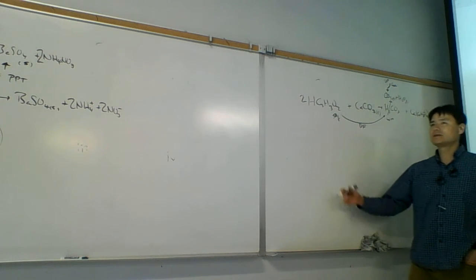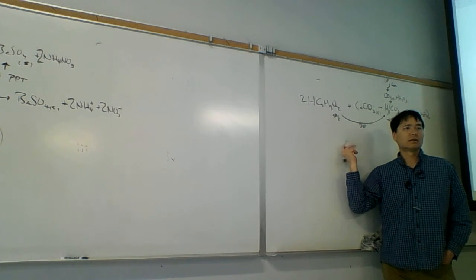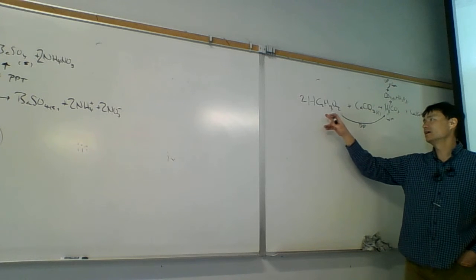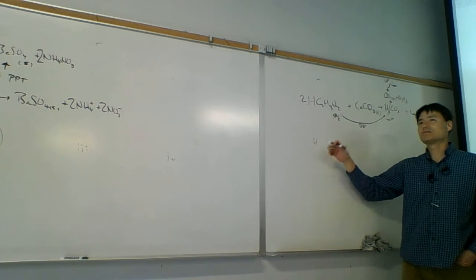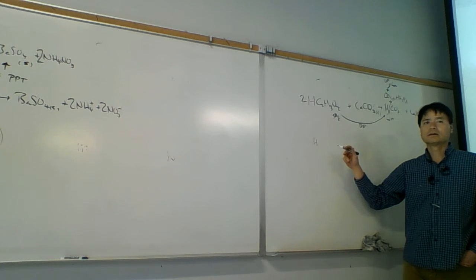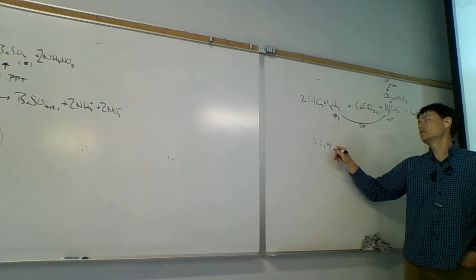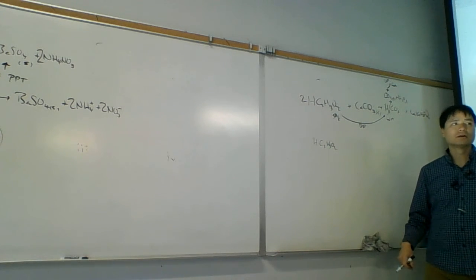The Bronsted method, step one: what do we do? We inventory. What's the inventory here? Acetic acid, does it break apart or stay together? It doesn't break apart, it stays together. It's a weak acid, only strong acids break apart.